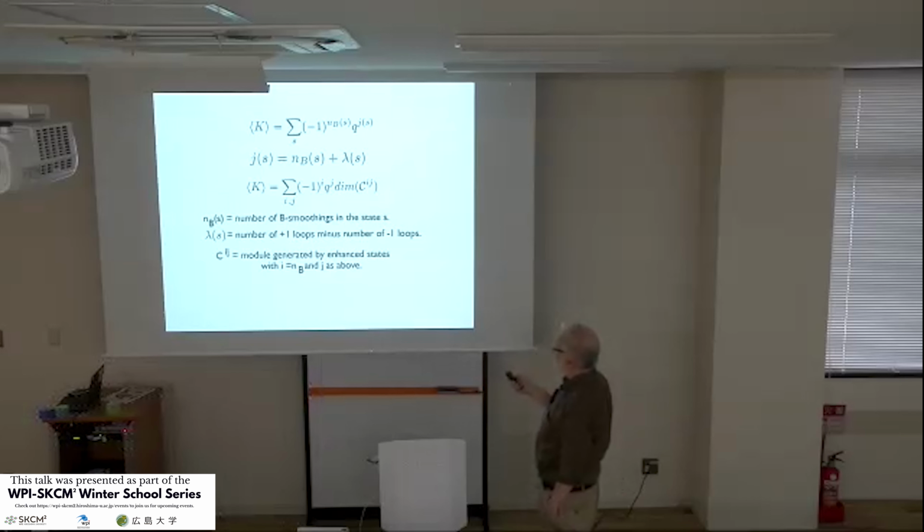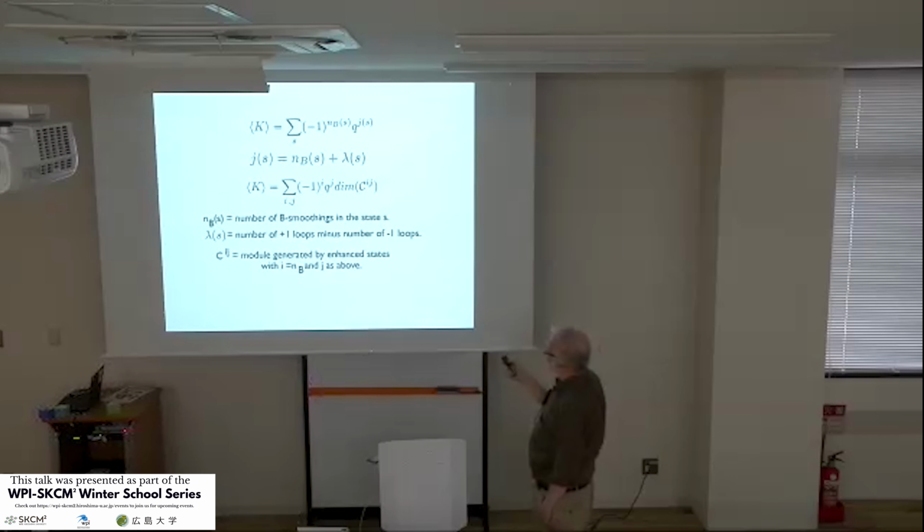You rewrite it. So I could rewrite it this way. I could say it's just -1 to the I, Q to the J, my I, J. And then I'm going to count how many states are there with that I and that J. In other words, I ask how many states are there that have this many B smoothings and have a J of that form.